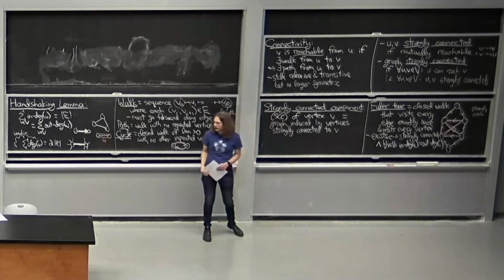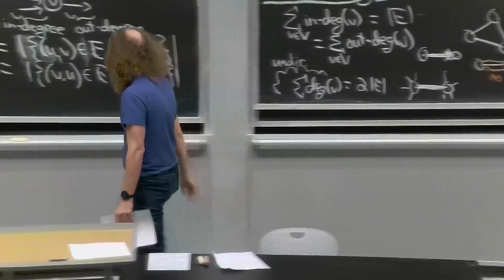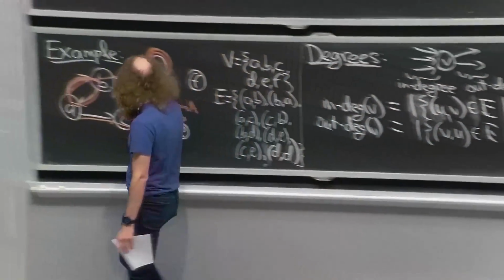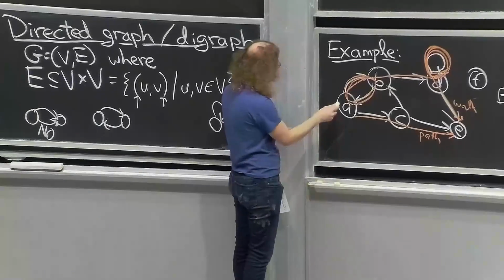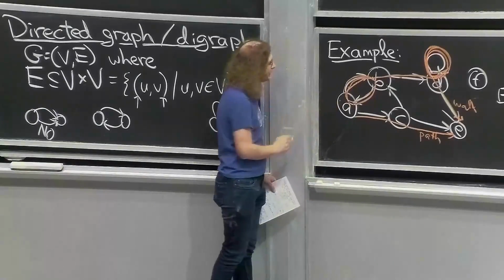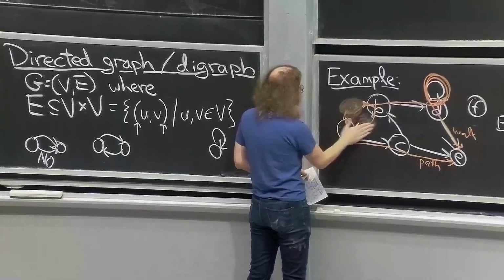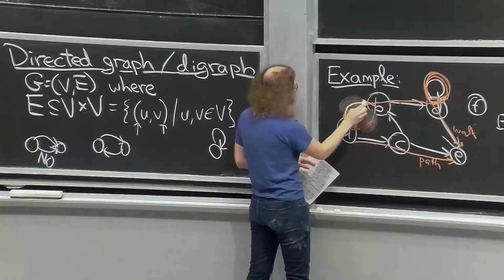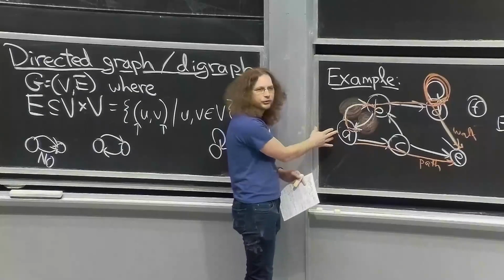OK, let's look at an example. This example is a bit interesting. So, for example, what is the strongly connected component of A? Let me redraw this a little bit. What vertices are strongly connected to A?